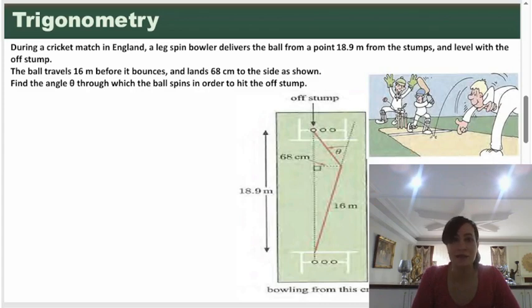Here it says: during the cricket match in England, a fast bowler delivers the ball from a point 18.9 meters from the stumps and level with the off stump.